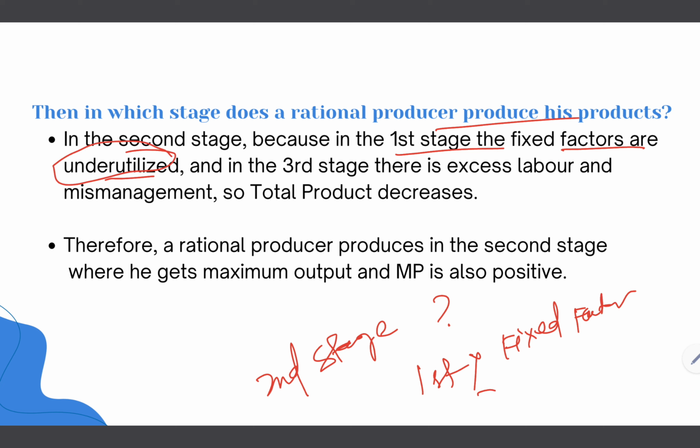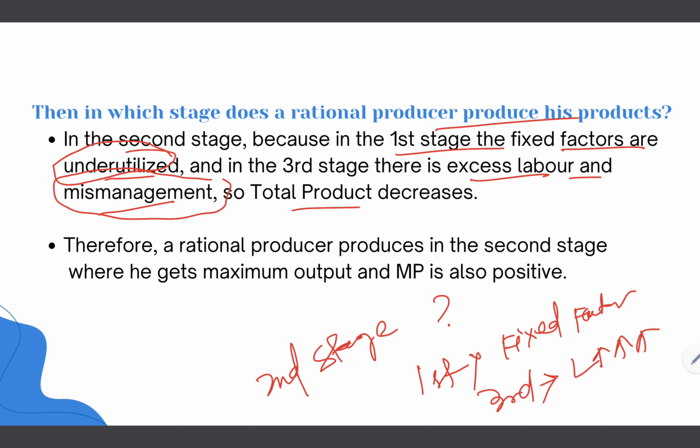And in the third stage, there is excessive labor and mismanagement also. There is no better coordination, and there is poor coordination between the variable factor and the fixed factor, and imperfect factor substitution. This is how mismanagement and excess labor happen.